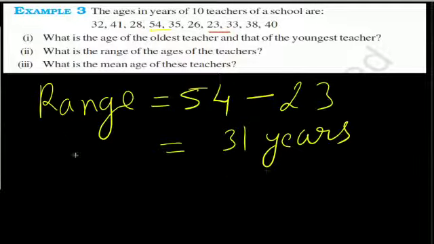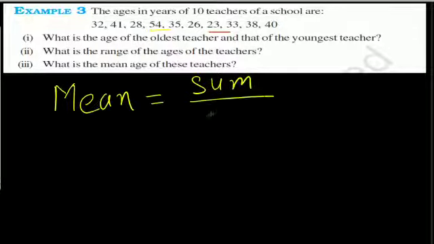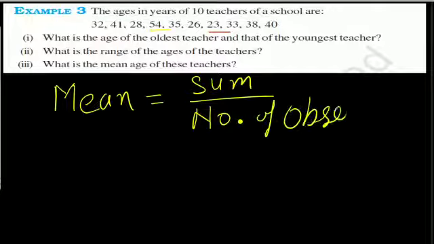Okay. Now move to the third part. In the third part, we have to find the mean. Arithmetic mean is also called the mean. So mean is equal to sum upon number of observations, same formula. First we have to find the sum.